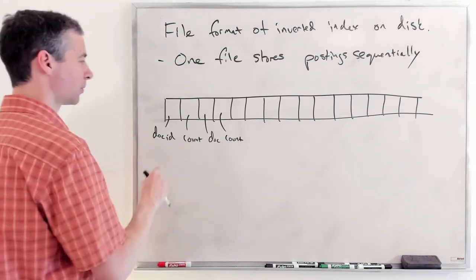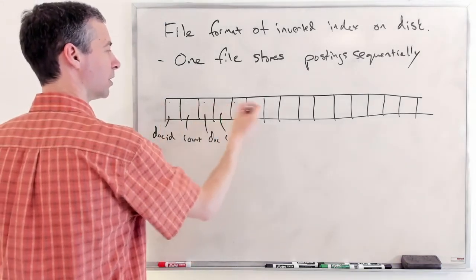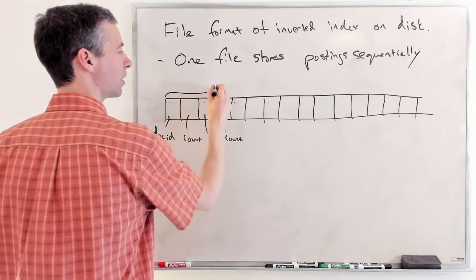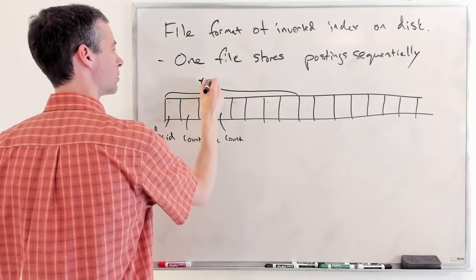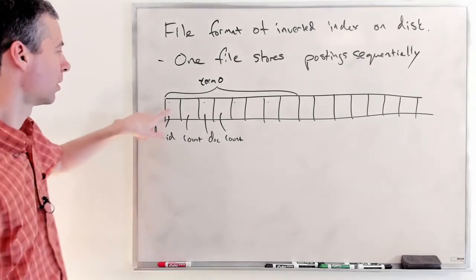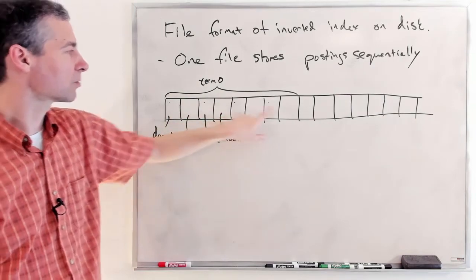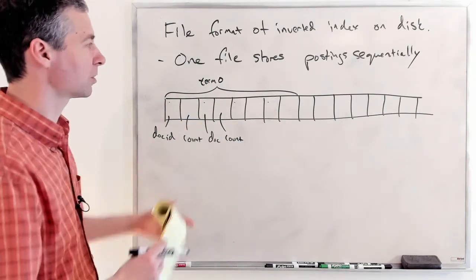So if it's present in 4 documents, this is the first one, the second one, the third one, the fourth one. So I'll just say that this here is term 0's postings. So it's in 1, 2, 3, 4 documents, and here are the counts for those. I'm not going to bother to make up numbers. All right, so that would be term 0.